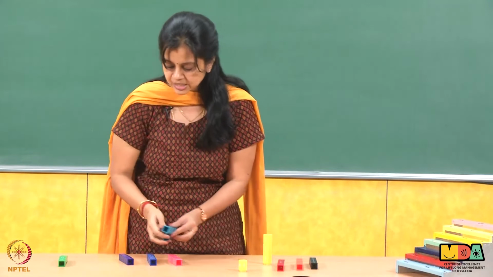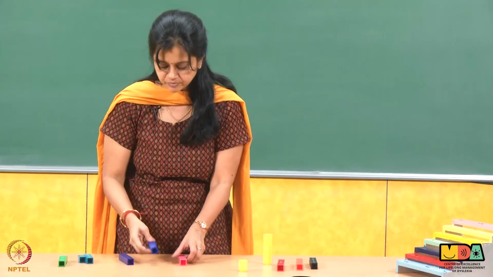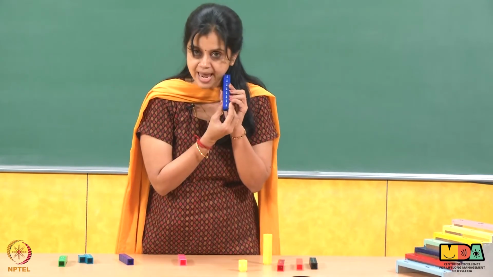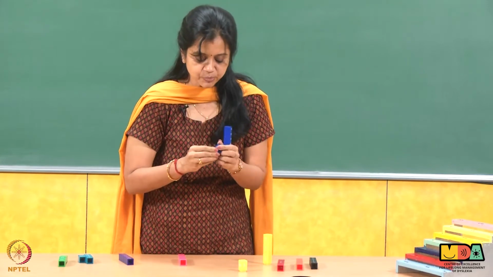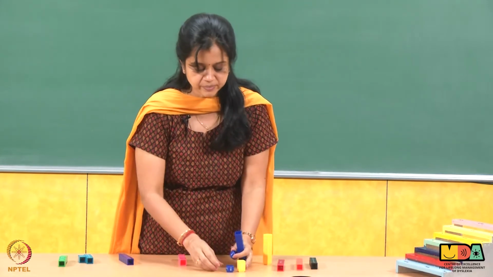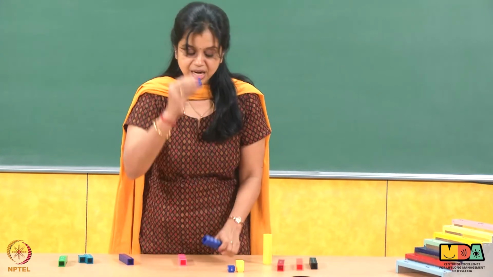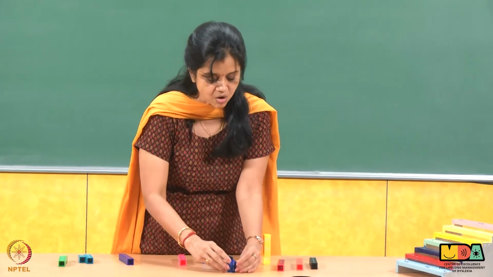So, the child tries out the next one, 1/8. The child puts the first block over here, it is not the same height. The child puts the second block over here. What happens?